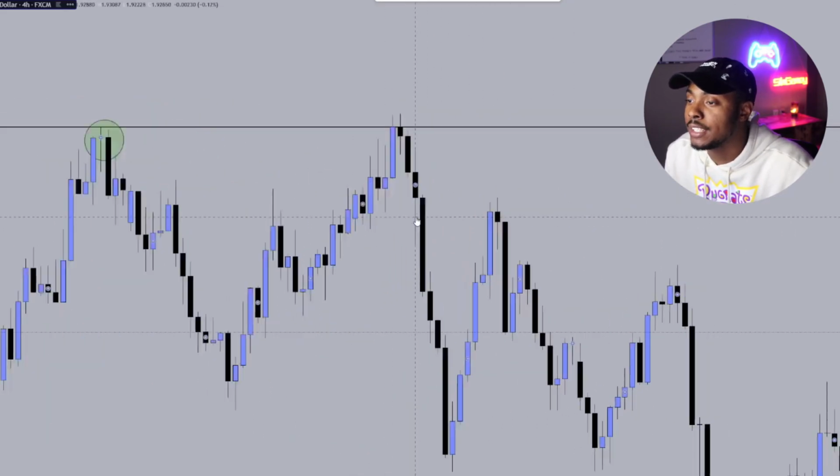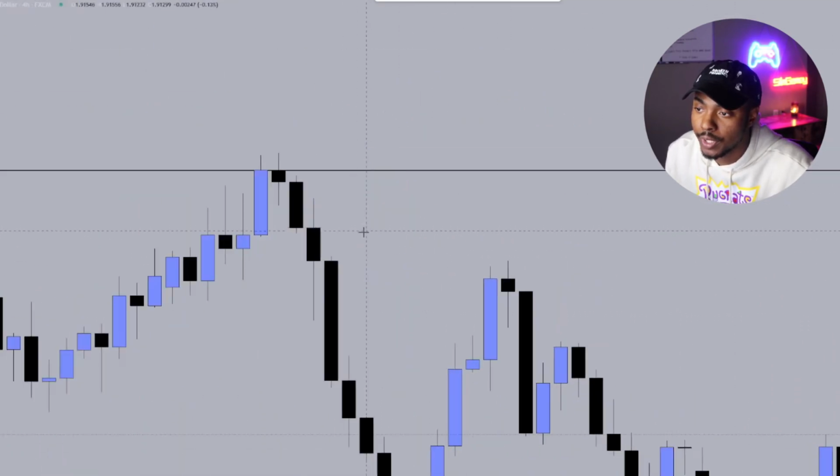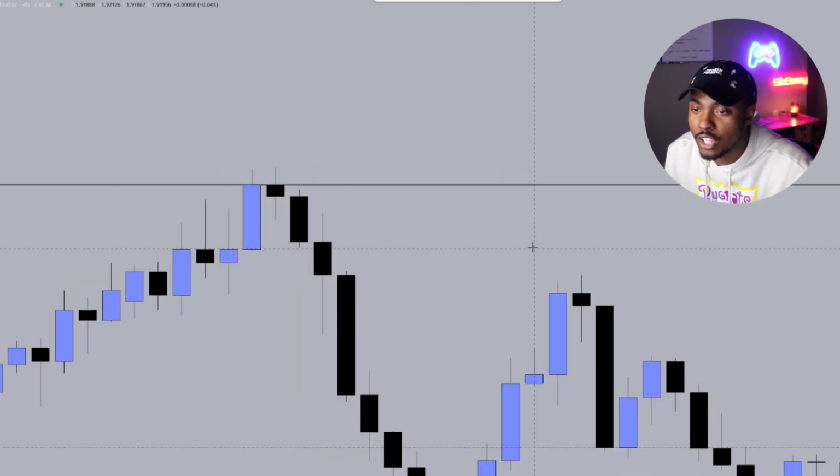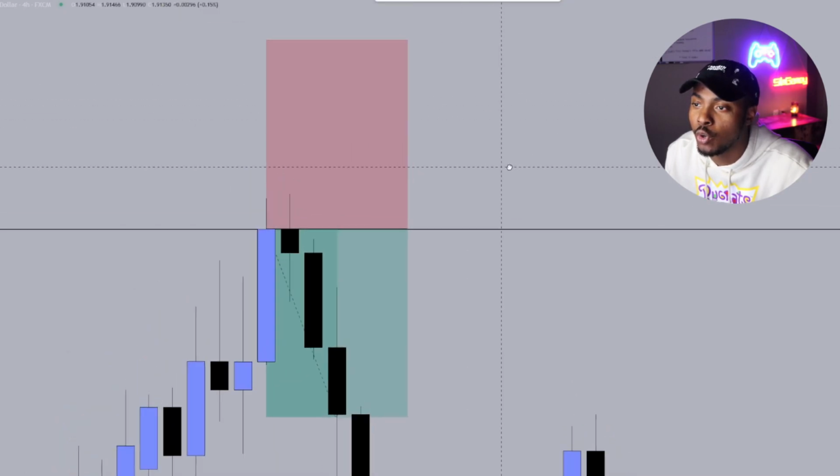Now, here is how you would enter on an aggressive entry. So as this candle is pushing up right here and you see the slight rejection on this wick, you will get in without any bearish confirmation to show you that this trade wants to go your way.